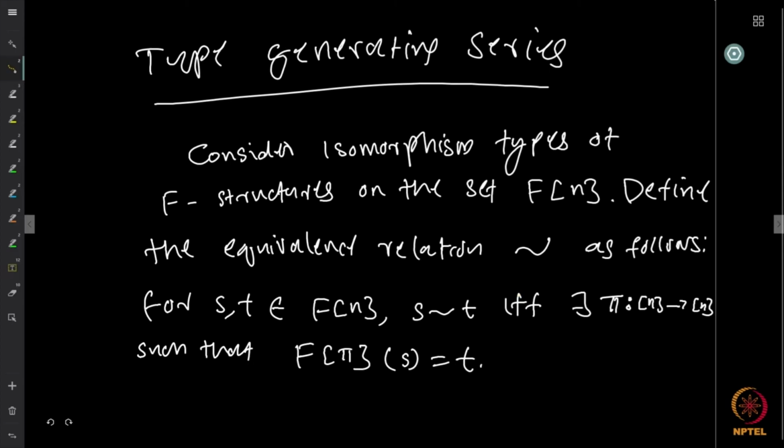It says that for any two structures S and T in F of n, S is equivalent to T if and only if I can find a bijection pi from the set 1 to n to itself, such that F of pi, the transport of pi, takes structure S of type F to structure T of type F. So if you can find such a bijection pi, then we say that S and T are equivalent, that they are isomorphic. That is the idea.